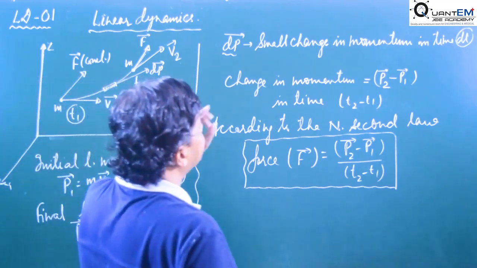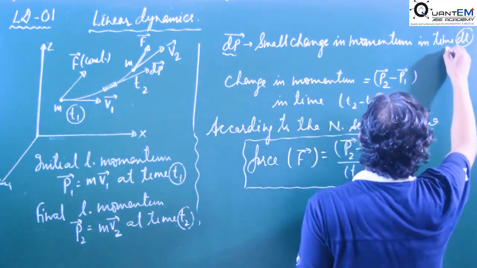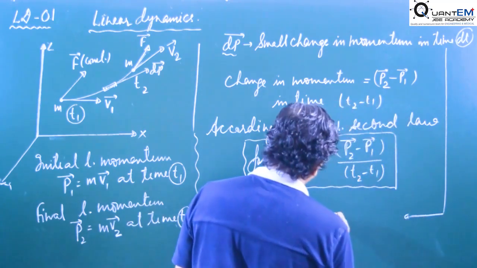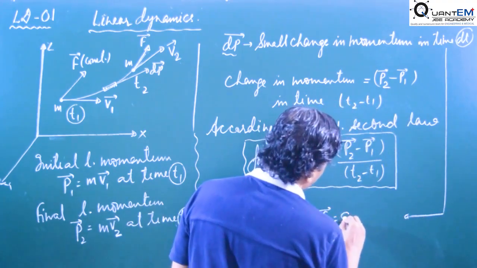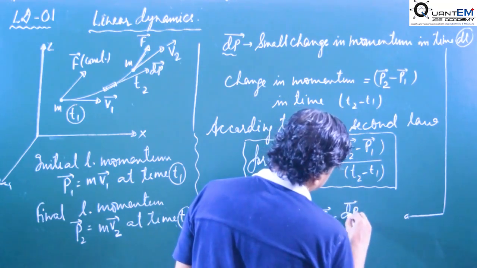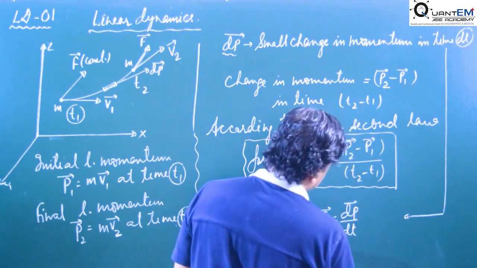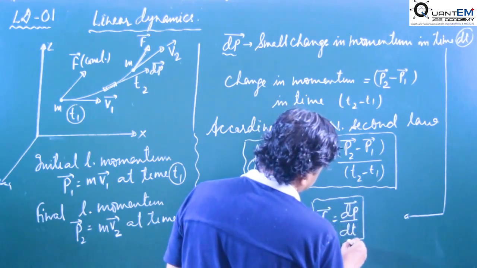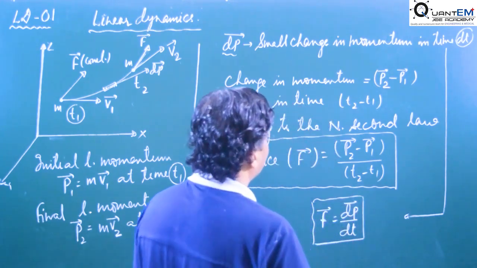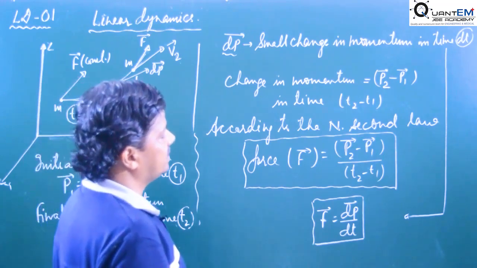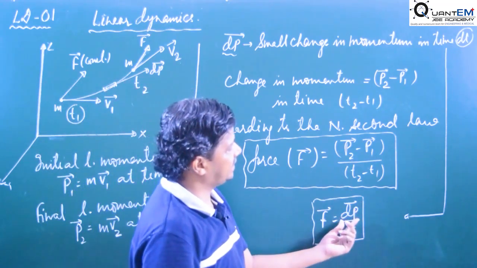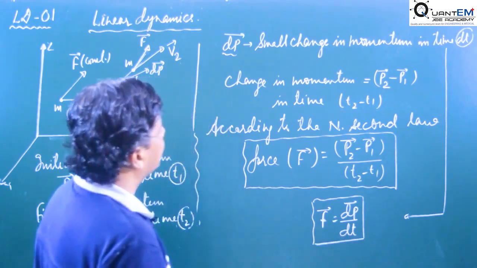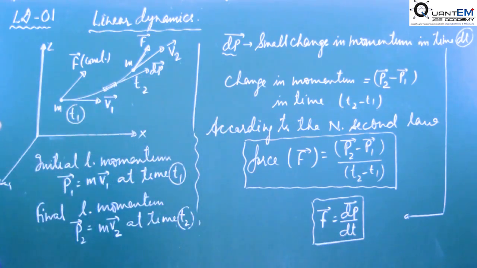And if dp is the small change in momentum in small time dt, in that case the value of force is a small change in momentum by small change in time. So p2 minus p1 is the change in momentum. For small change it is dp, and for small change in time it is dt. So the rate of change in the linear momentum is force.